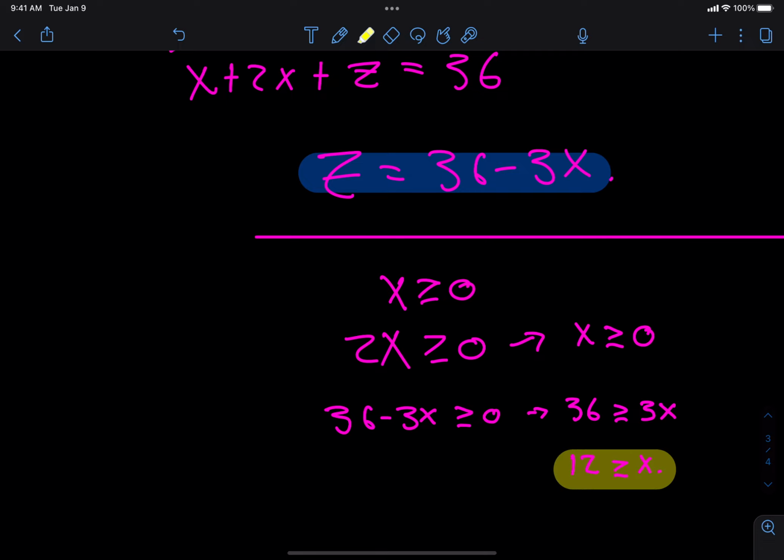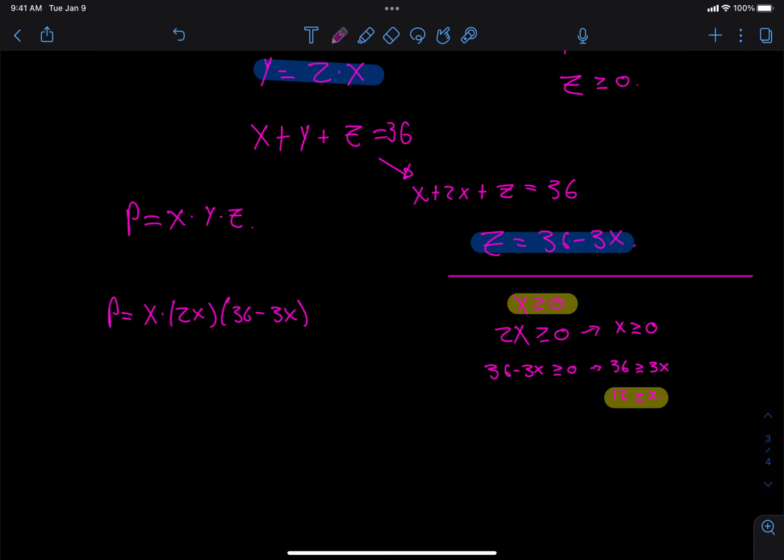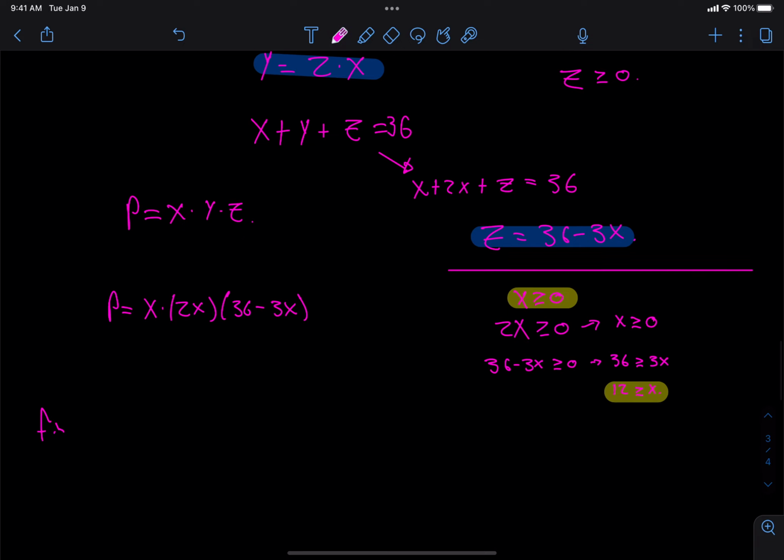So now we have our domain, which says we're trying to find the global max of P(x) equals x times 2x times (36 minus 3x) on the interval from 0 to 12.